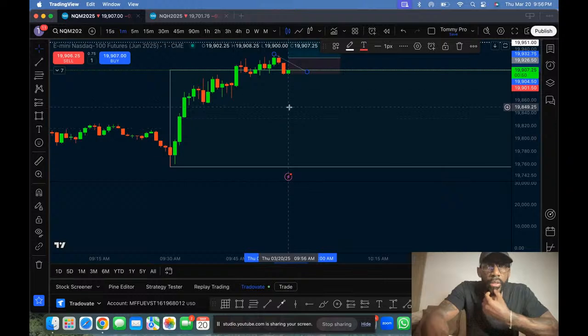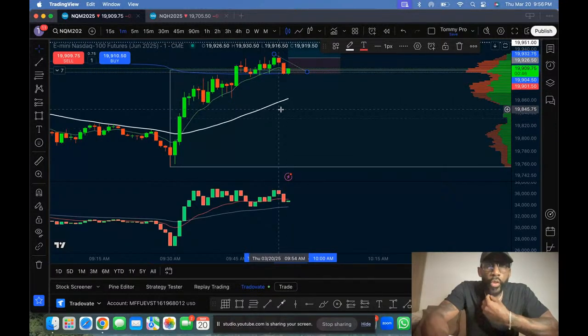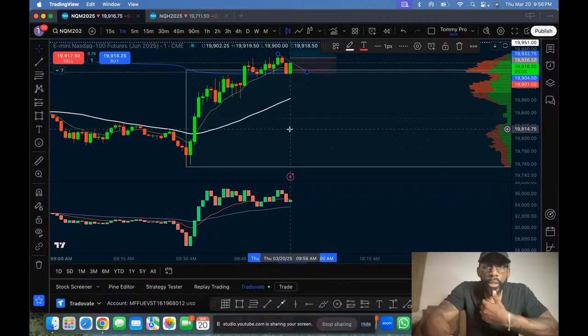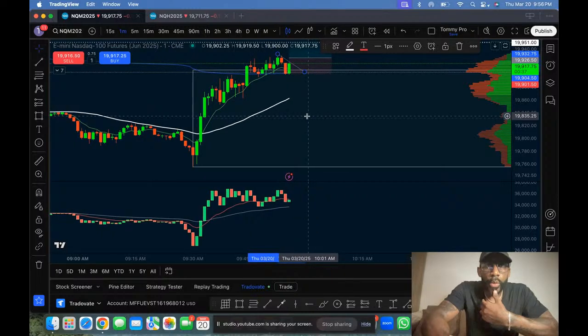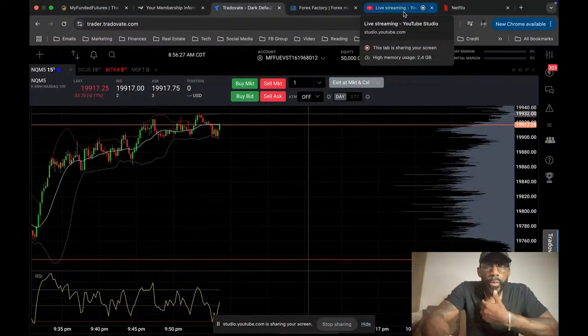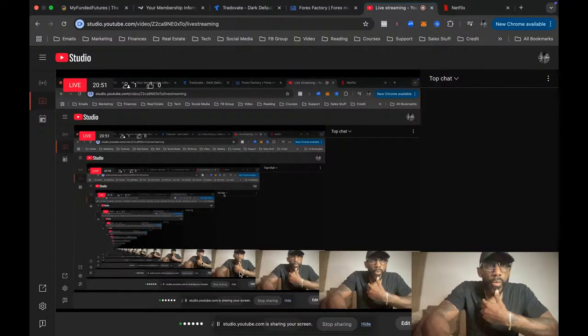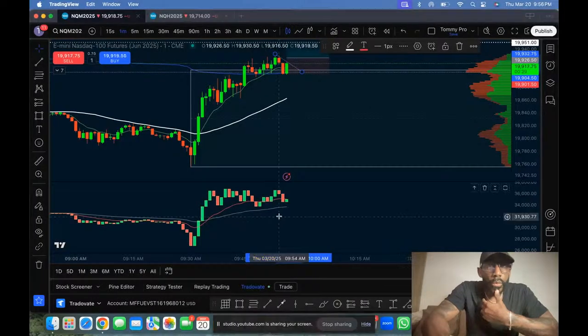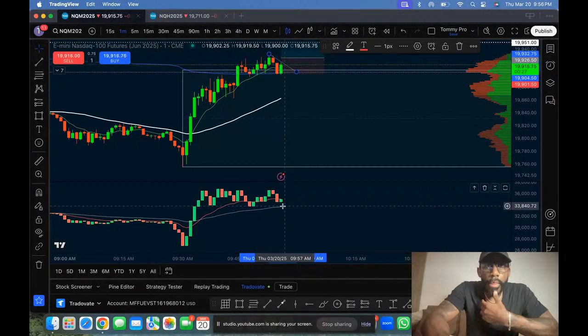Like I said, this is taking a long time just to go 100 ticks. When I trade really well, I tend to see it move really quickly, and I'm in and out of the trade within a couple of seconds. This might push up, who knows, but I'm not willing to risk it.